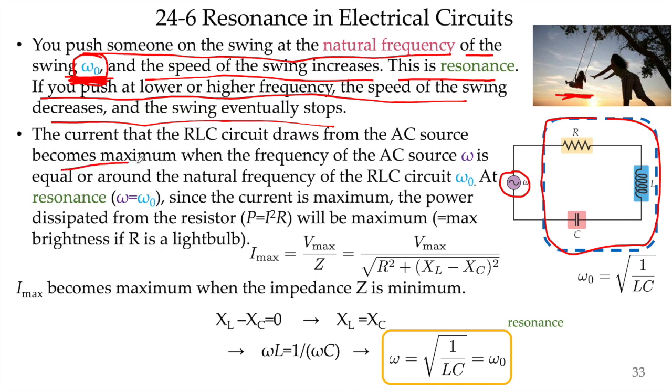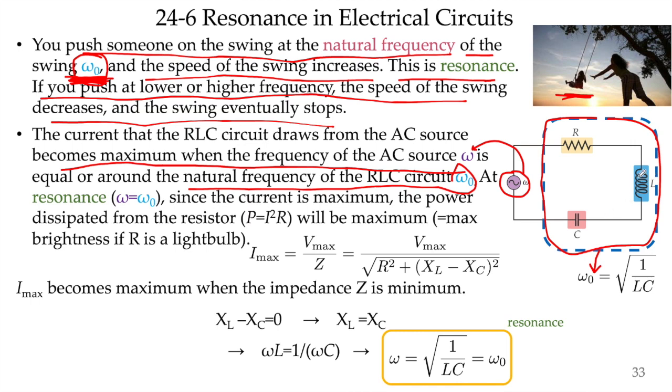It becomes maximum when the frequency of the AC source, omega, is equal or around the natural frequency of the RLC circuit, omega 0. So what this is saying is, this RLC circuit has some particular frequency. R actually doesn't go into the formula, it's just L and C. So it has some natural frequency.